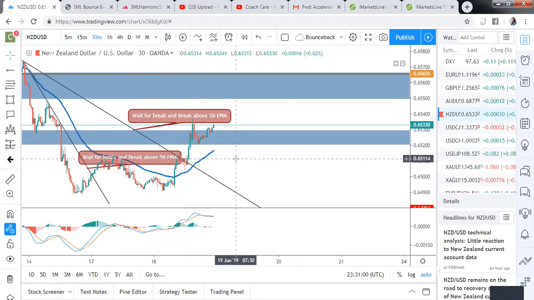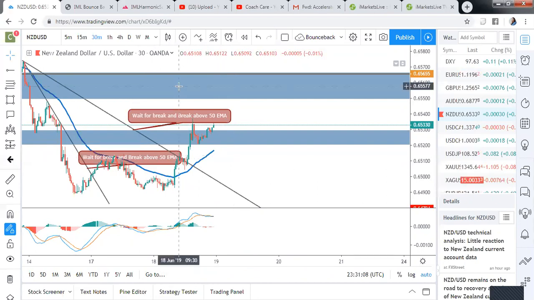Now, if you don't have TradingView on your phone, I advise you to get it. Just go over to the App Store or Google Play, type in TradingView, and log into the account that you're using to drop your charts.